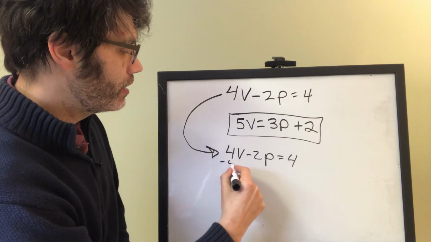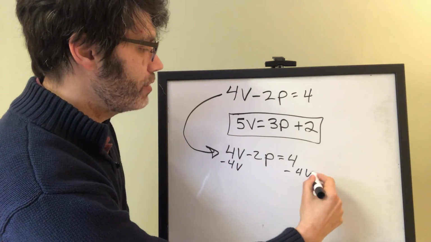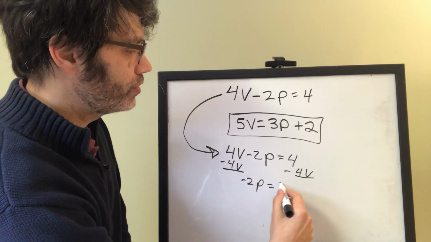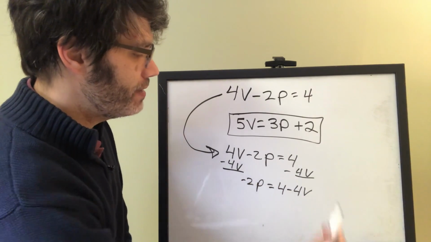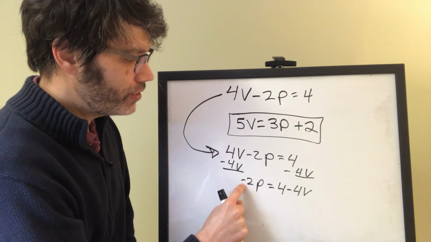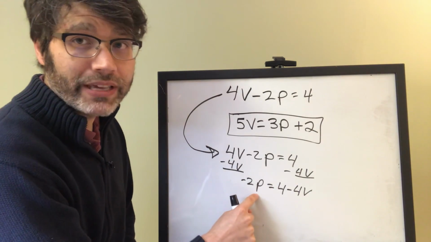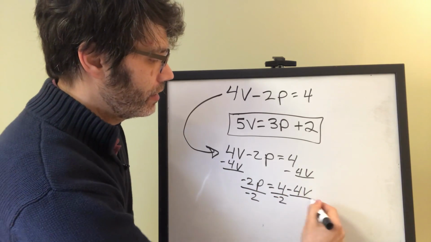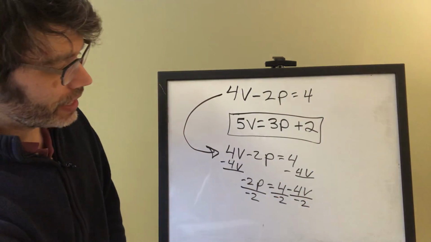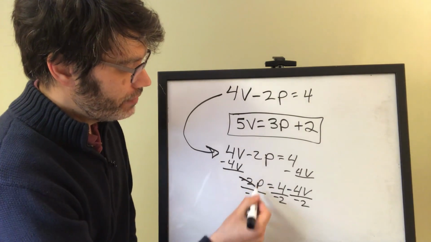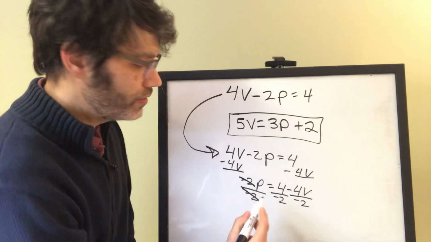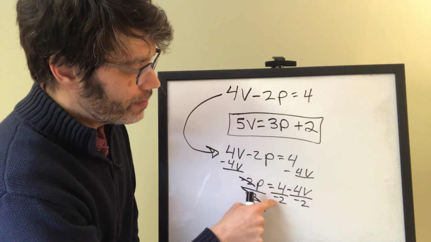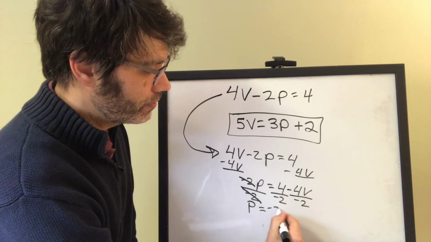So what if we subtracted 4v from both sides, and then we have minus 2p equals 4 minus 4v, and now we have negative 2 times p. Let's divide everything by negative 2 to get p alone. Negative 2 over negative 2 just leaves us with p here. 4 divided by negative 2 is negative 2.